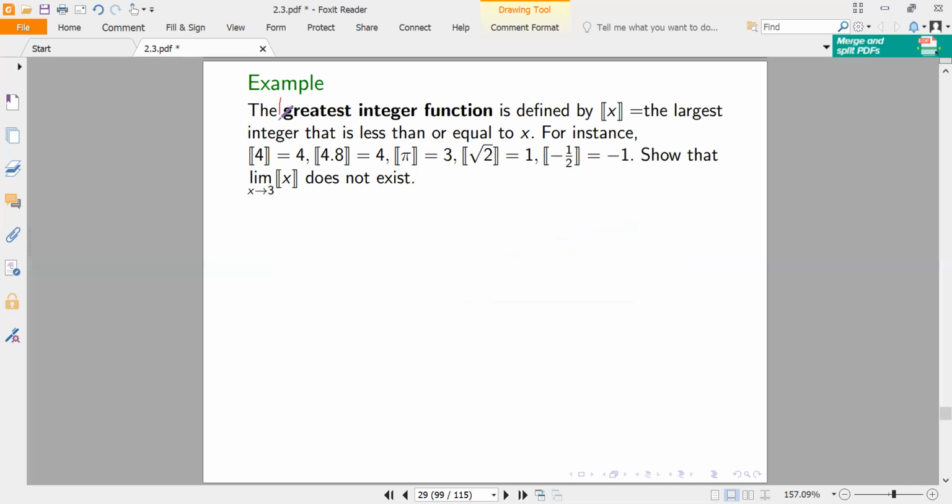We have another example here called the greatest integer function. So basically, this notation means the largest integer.